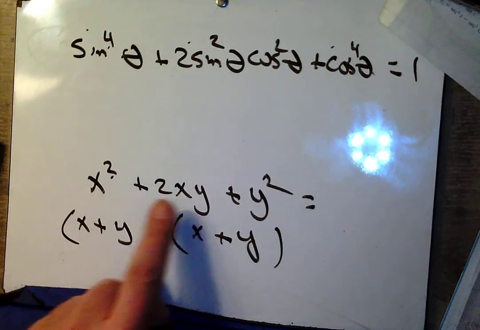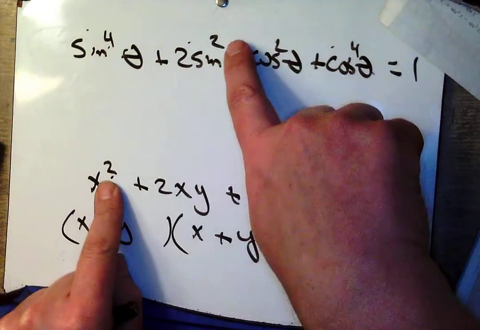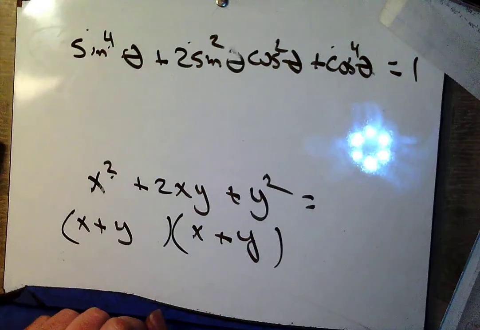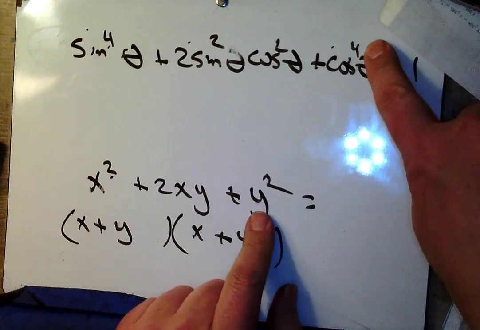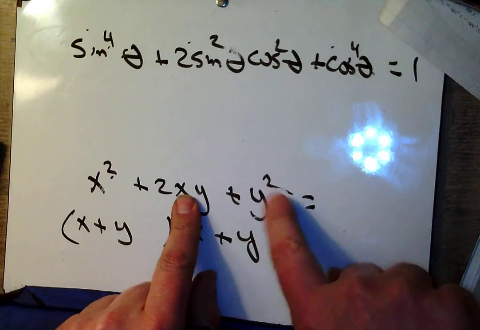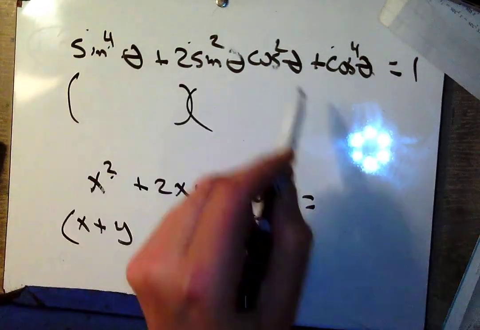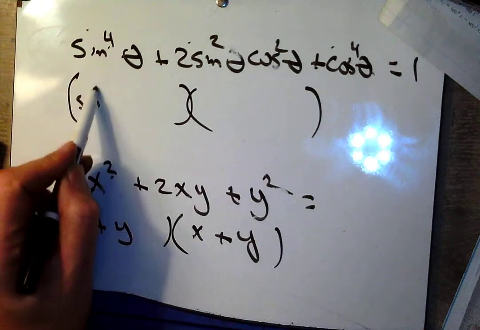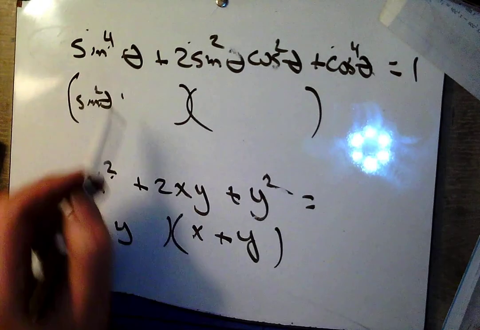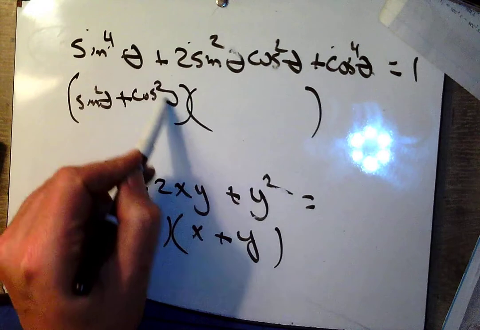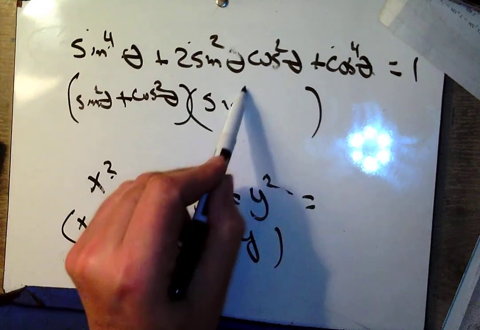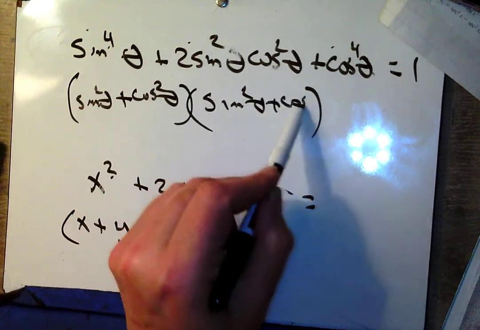But look, this is half the power of that. This is half the power of that. I think this is going to factor as sine squared plus cosine squared and sine squared plus cosine squared.